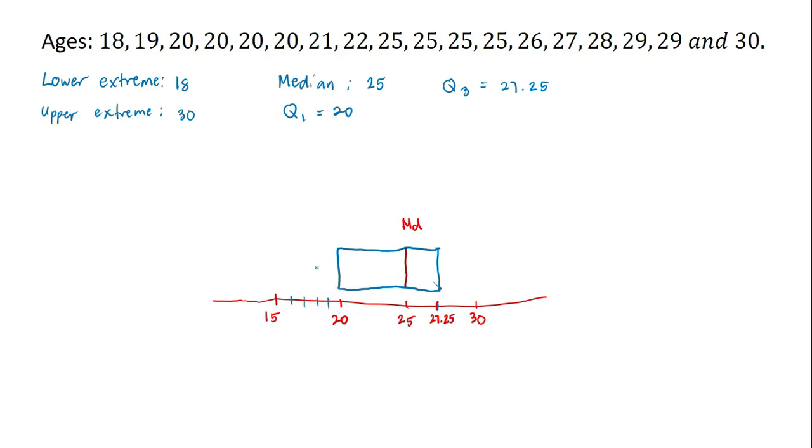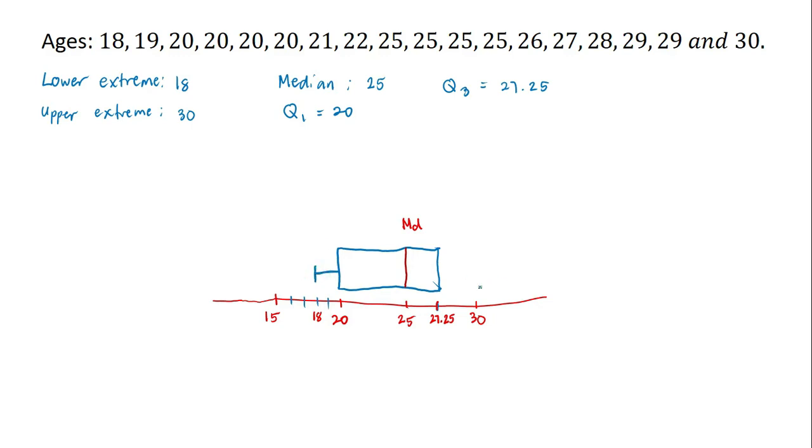So somewhere here, it's 18. And we draw a small vertical line. And then from the lower extreme, we just simply connect it to the box. So this will be our left whisker.